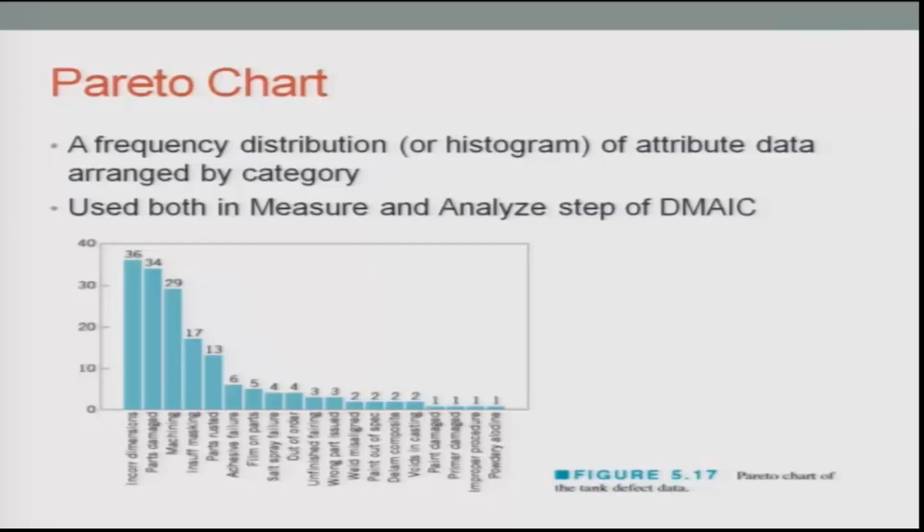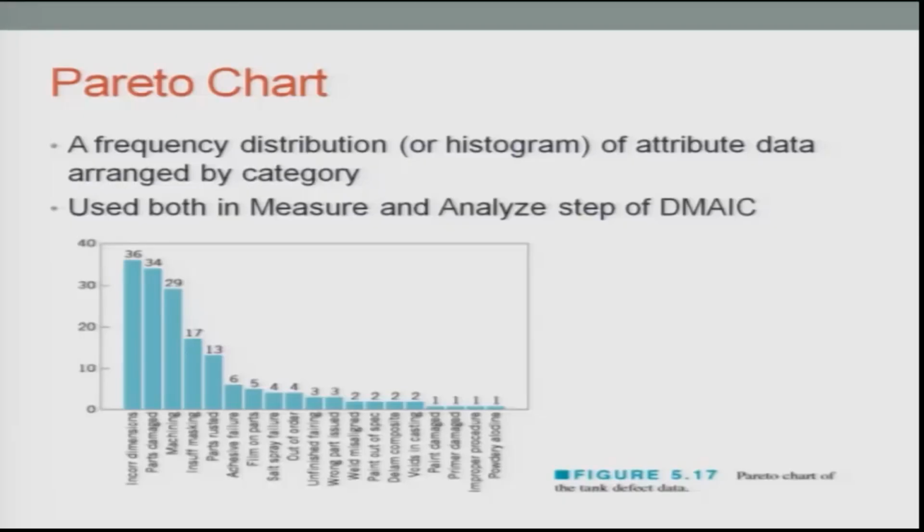The Pareto chart is the next concept, as we discussed when going through the bullet points. A Pareto chart is a frequency distribution or histogram of attribute data arranged by category, used in the measure and analysis steps. You arrange the data depending on the level and areas where items can be clubbed.